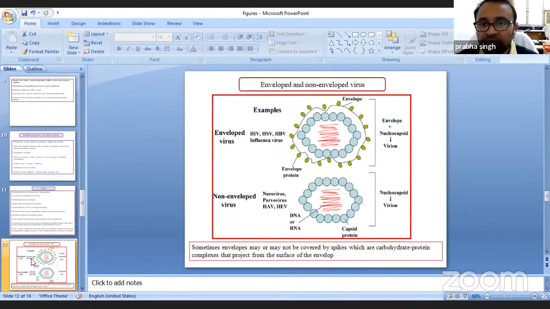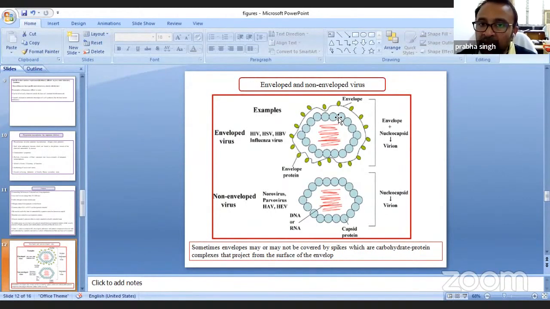So envelope plus nucleocapsid ये दोनों मिलकर virion बनाते हैं in the case of enveloped viruses, right? Examples में आपके पास enveloped virus में क्या है? HIV virus है, HSV virus है, HBV and influenza virus.